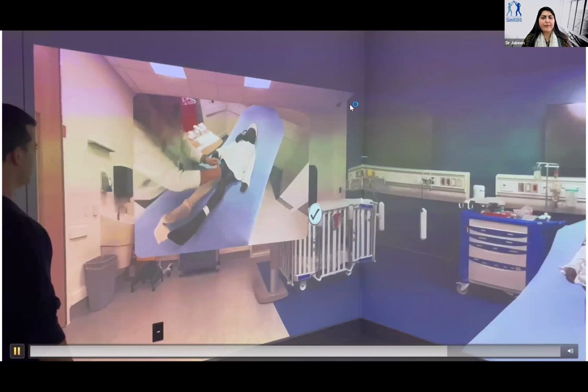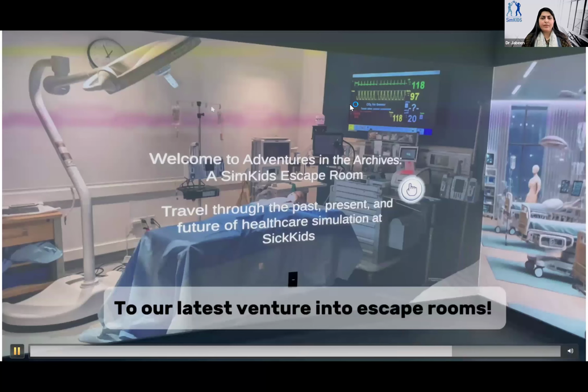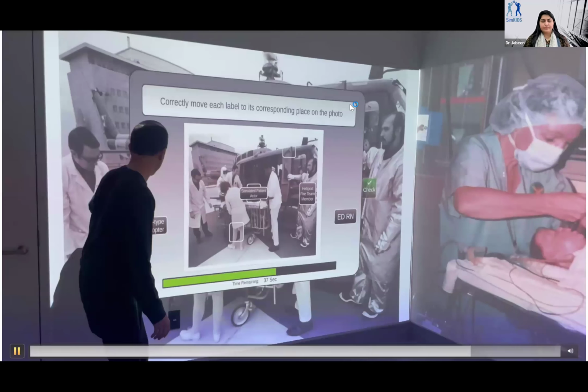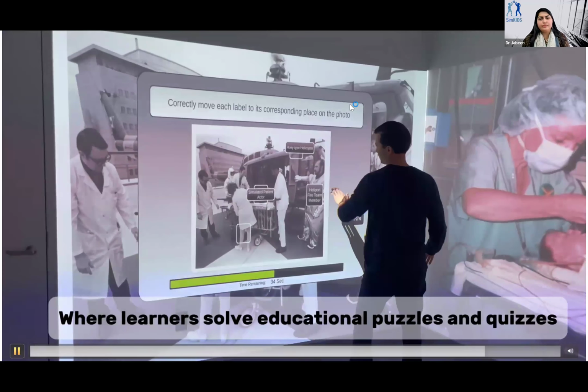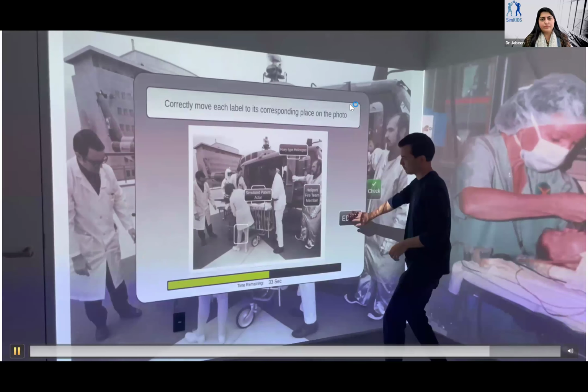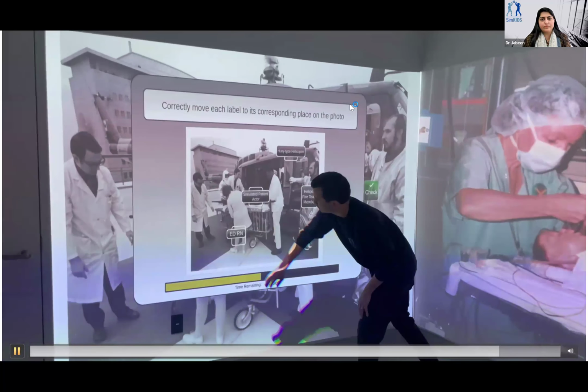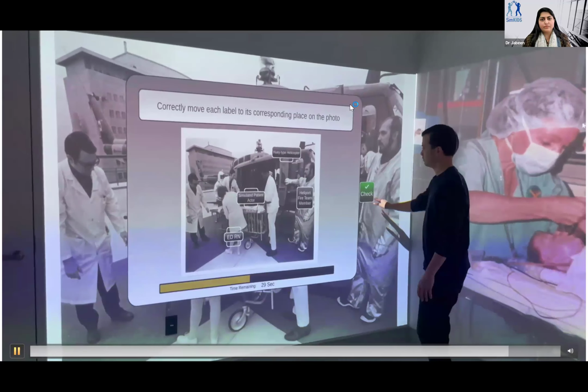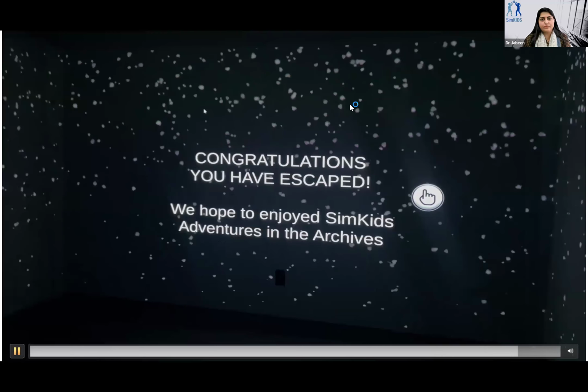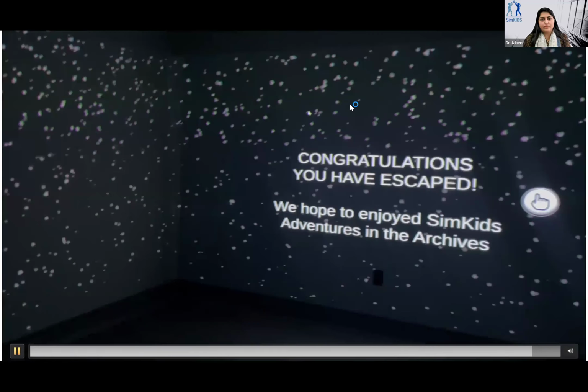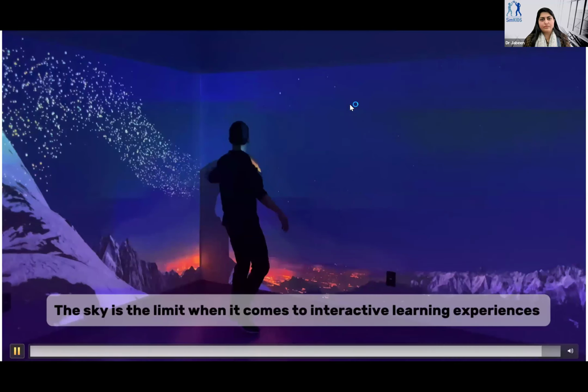To our latest venture into escape rooms, where learners solve educational puzzles and quizzes. To escape. The sky is the limit when it comes to interactive learning experiences.